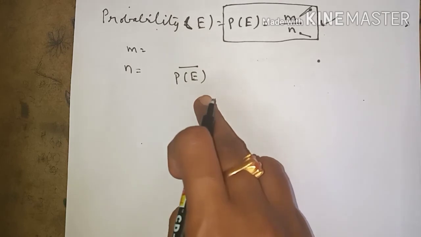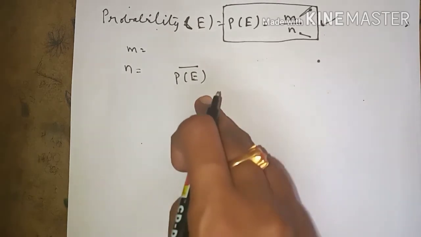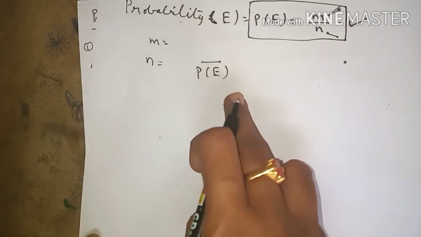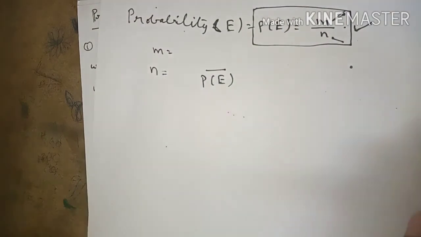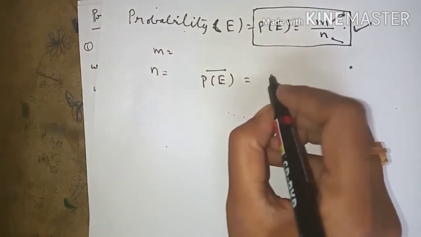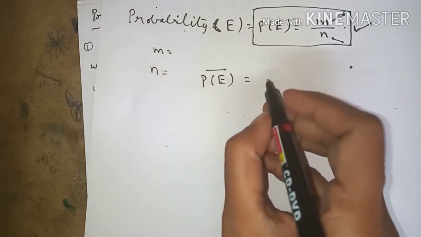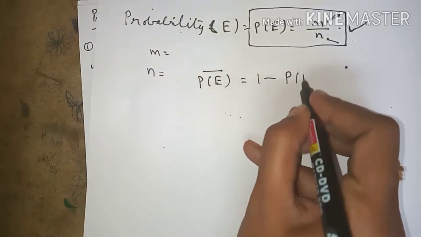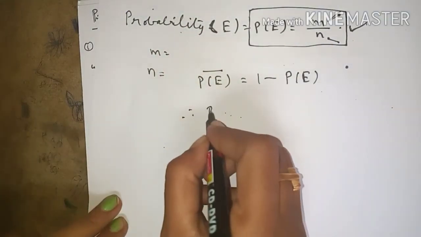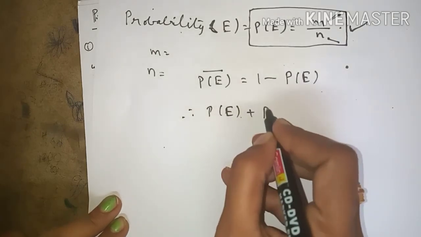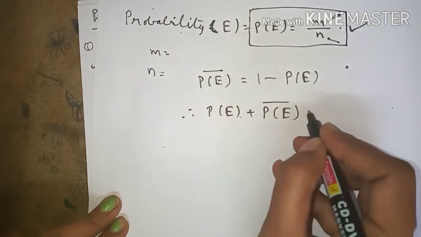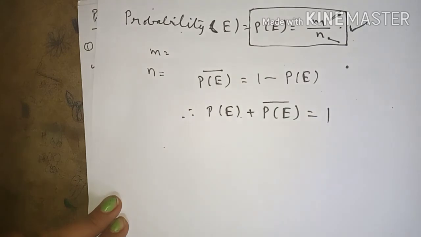Probability of non-happening, probability of failure, probability of non-occurrence, remember, P(E bar) is equal to 1 minus P(E). Therefore, P(E) plus P(E bar) is equal to 1.